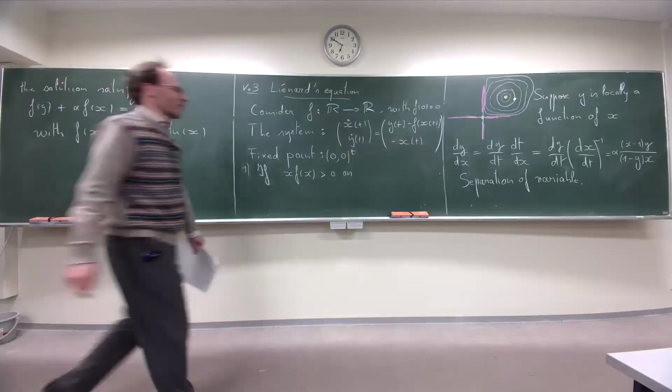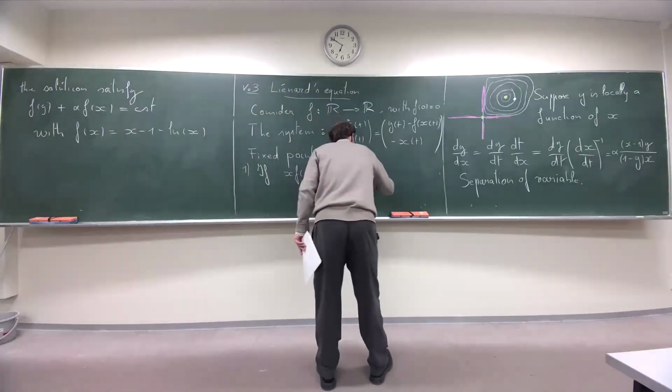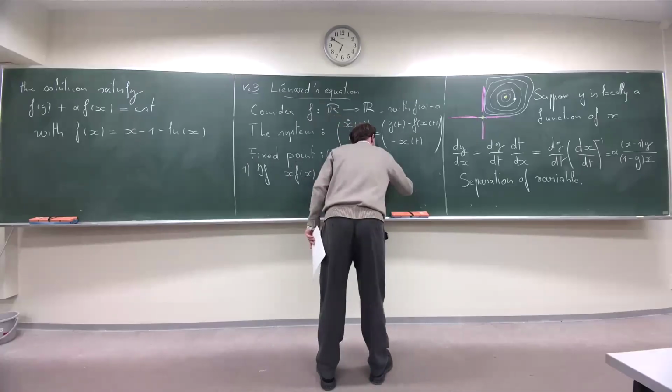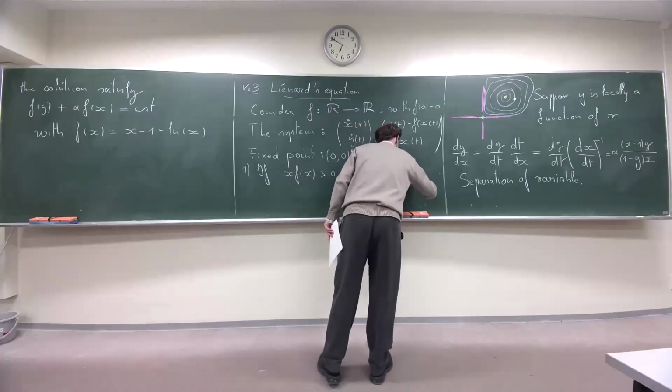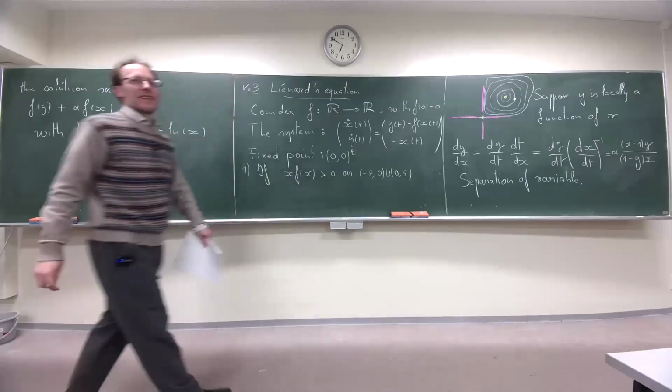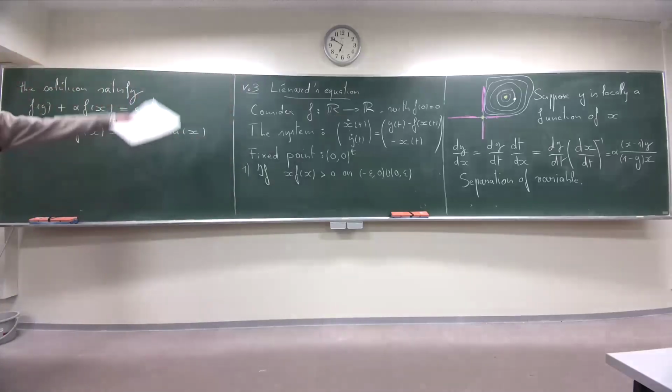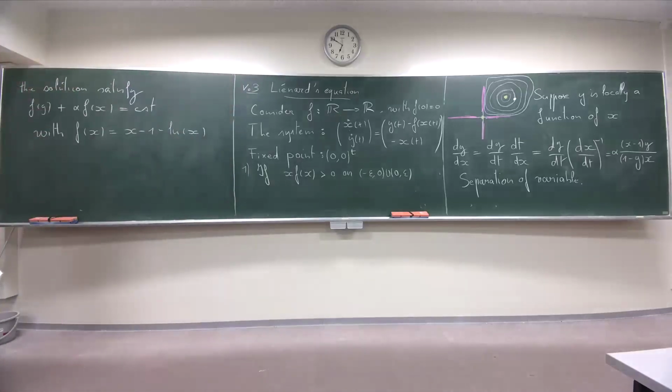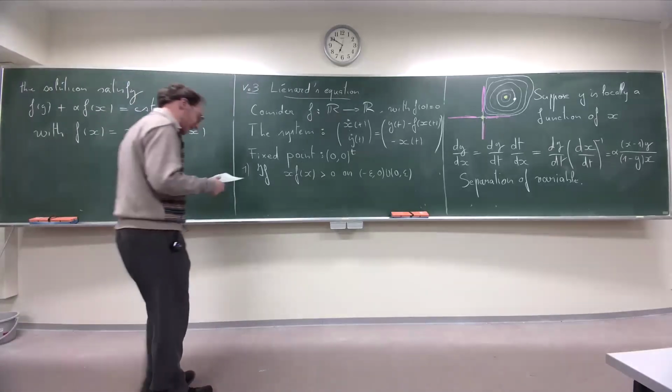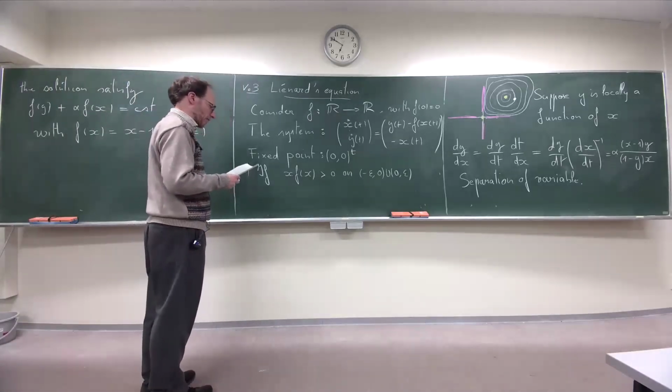So there is a small contradiction. I have to write on minus epsilon 0 union 0 epsilon. Otherwise, it cannot be strictly bigger than 0 if f of 0 is 0. So there might be a mistake. I will check.